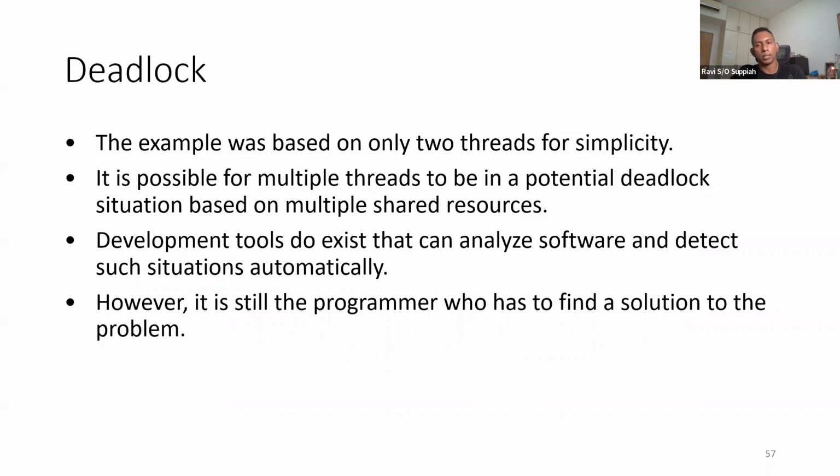One good thing is that over the years, software development tools have become quite advanced, so they can analyze software and sometimes even detect potential deadlock situations and give us a warning upfront. But it is still the programmer's responsibility to manage resources correctly.